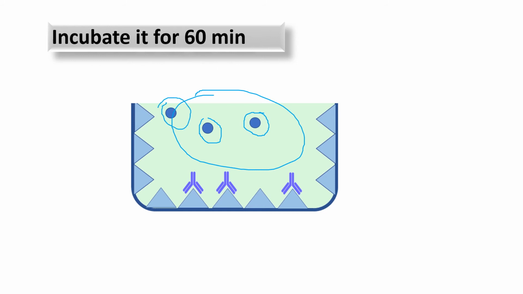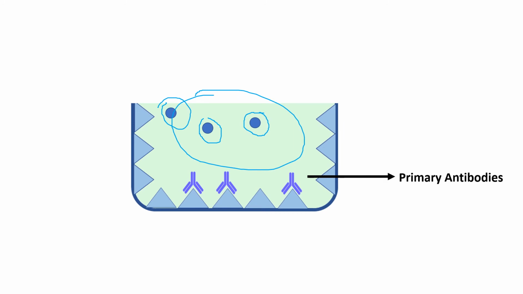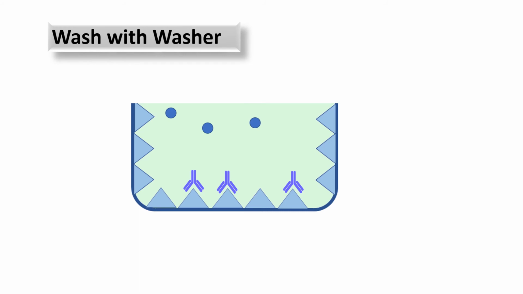Now there may be some other interfering factors, which are always present in the serum sample. So you have to wash it. We don't want that unwanted material for the estimation, for our assay. So here you can see this is a primary antibody.